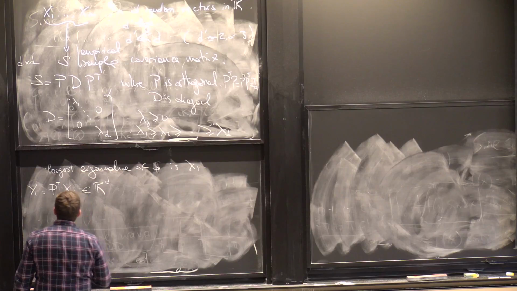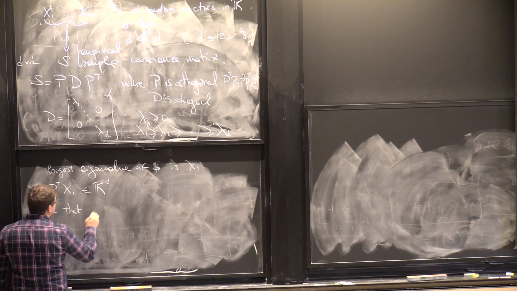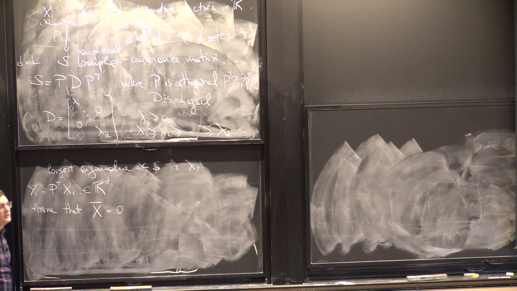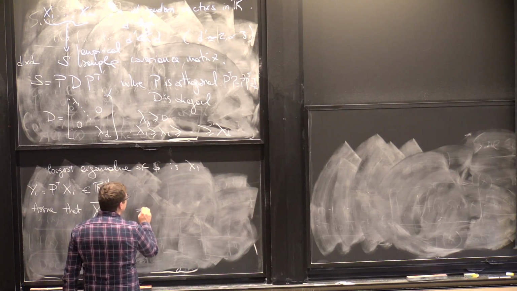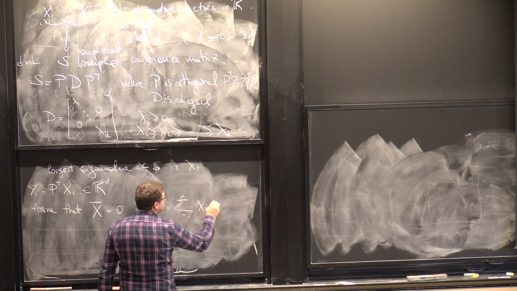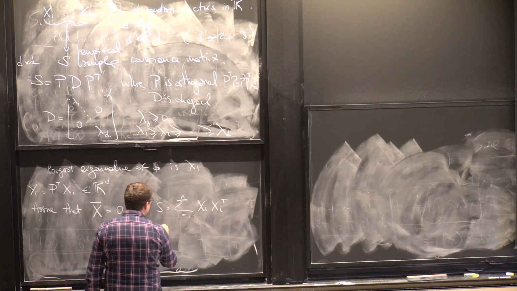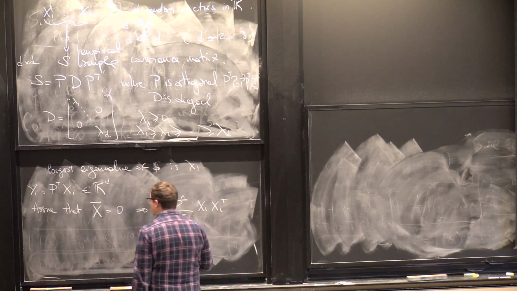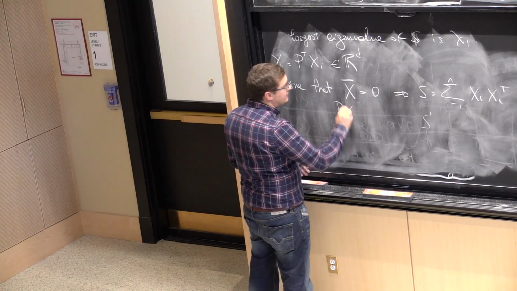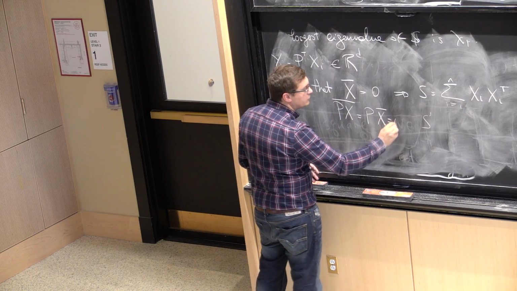Okay? So to prove this, let me assume that X bar is equal to 0. And the reason why I do this is because it's just annoying to carry out all this centering constantly when I talk about S. All right, so when X bar is equal to 0, that implies that S has this very simple form. It's of the form 1 over n sum from i equal 1 to n of xi xi transpose, right? So that's my S. But what I want is the S of Y. So that implies also that P transpose X bar is also equal to 0, right?